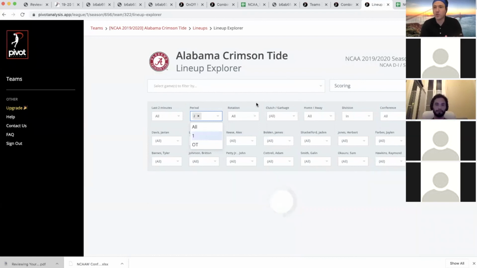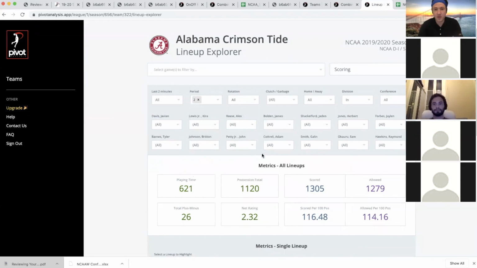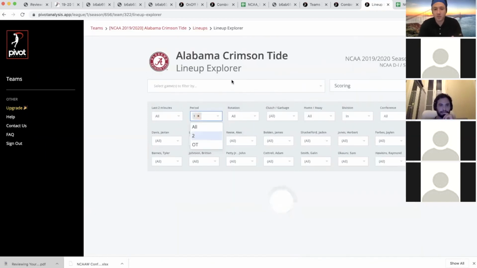We're able to do all that because we're capturing every lineup, every shift throughout the game and adding in metadata with what period it's in, when it is specifically in that period, is it starters, is it home, away, et cetera. And so being able to drill in here and say, okay, the reality is that the first half was definitely more productive for Alabama.